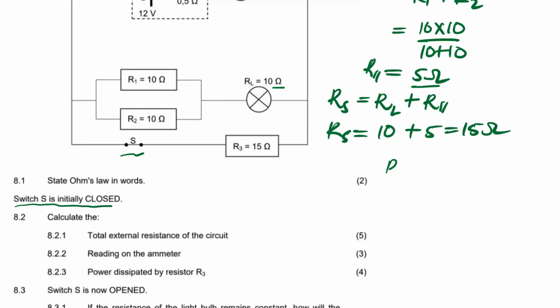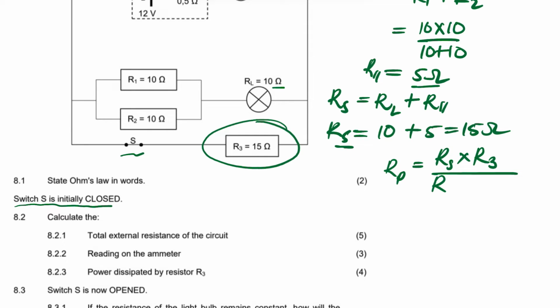So I'm going to say R parallel is the R series times the R3, over the R series plus the R3.